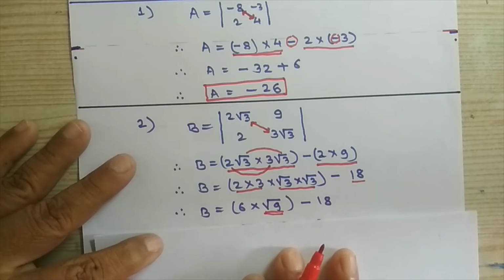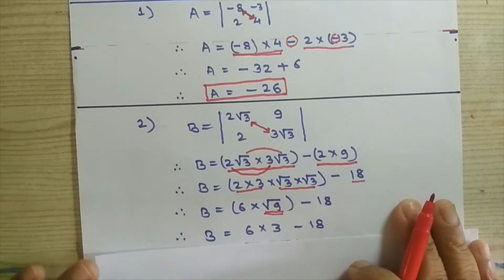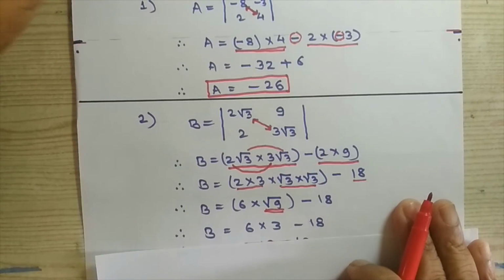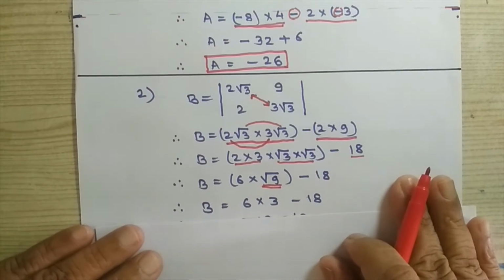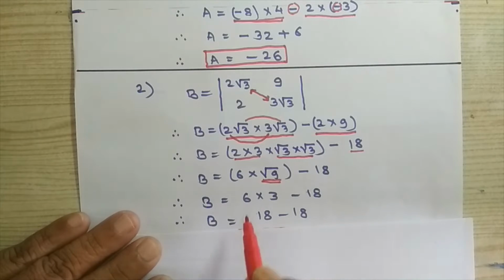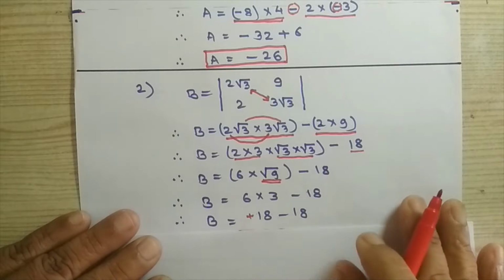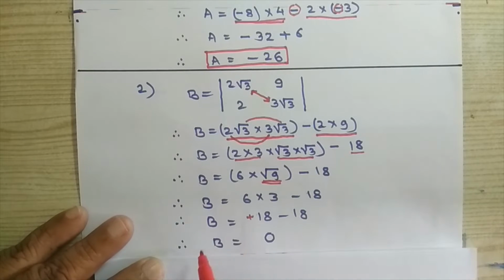We put that value here: 6 into 3 minus 18. Then 6 3s are 18 minus 18. Here plus 18, here minus 18, both are opposite terms, so finally its value will be 0. This is the value of determinant B.